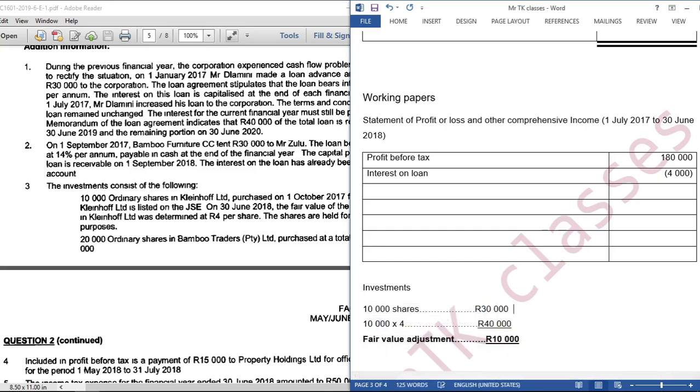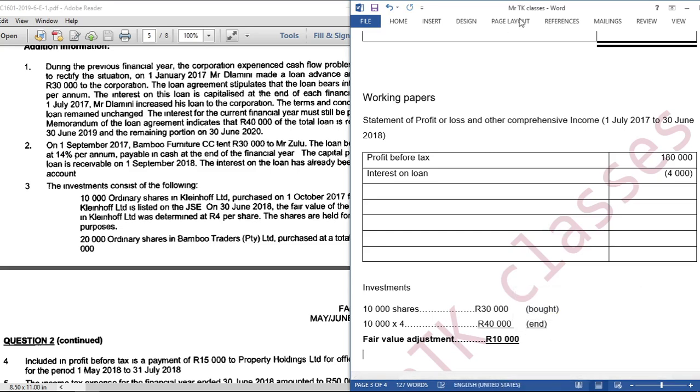Okay. So here, let me just indicate that this is when they were bought, because we might use this information again. This is when they were bought, and now that's the end of our financial year.